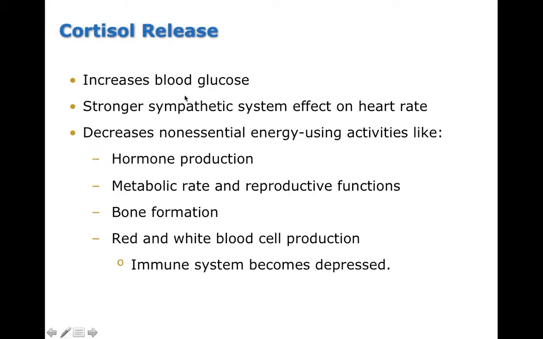Now, ultimately, it leads to the increase in blood glucose, which makes sense in terms of providing the energy that your nervous system and your muscle need to carry out the stress response. And the stronger sympathetic system has an effect on heart rate in the presence of cortisol. So if your cortisol is elevated and you have a sympathetic response, you're going to have an even stronger effect on both blood glucose and heart rate.